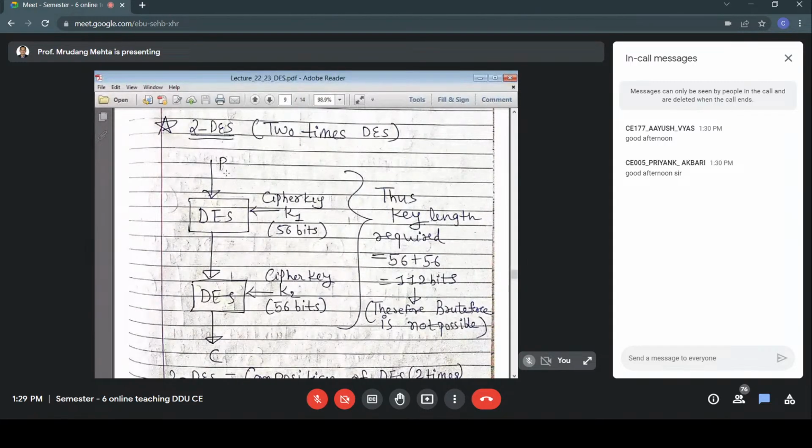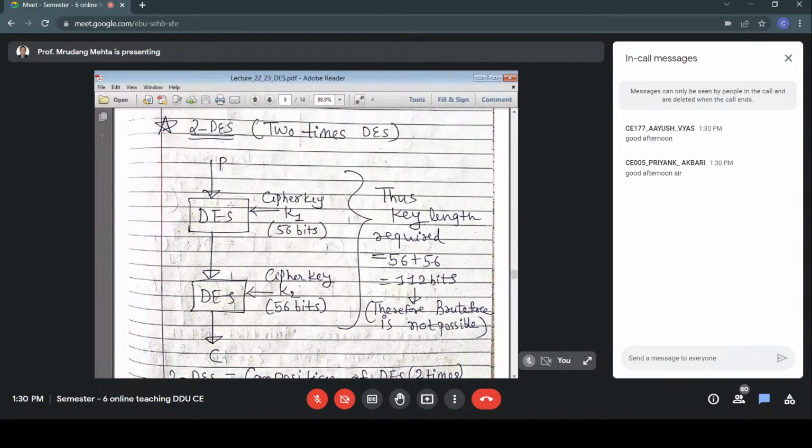You can see that the plain text goes through DES with cipher key K1 of 56 bits. Naturally, it will create 16 rounds, so 16 48-bit keys, but from this 56-bit key. Then it goes through another DES block with another cipher key, again of 56 bits. So again, it has 16 rounds, which has 16 different keys of 48 bits.